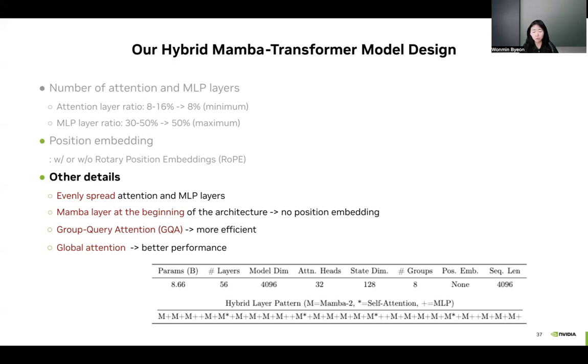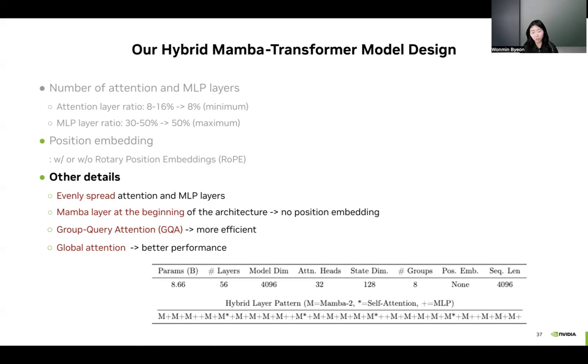So most of the hybrid models previously fixed how they combine these two or three different layers. Often what they do is they put Mamba and then they put transformer, which is attention with the MLP, and they fix that, and then they stack these blocks to increase the number of layers.